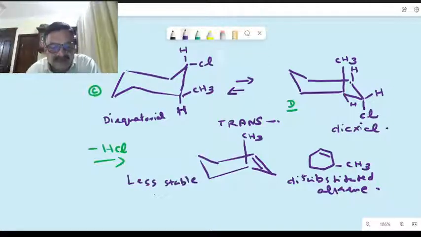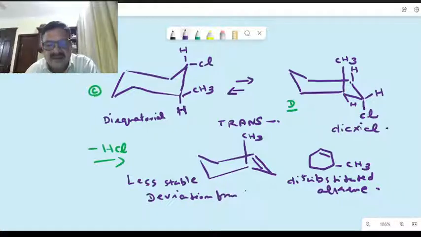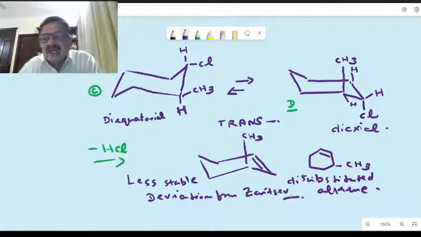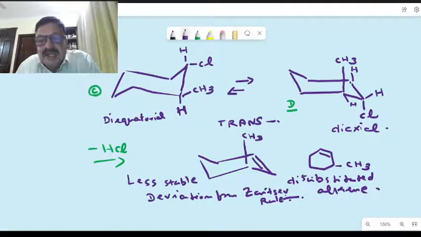Less stable product. That is deviation from the Zaitsev rule. Okay. Deviation from the Zaitsev rule we can say here. That is, the less stable disubstituted alkene is being formed here. Correct?